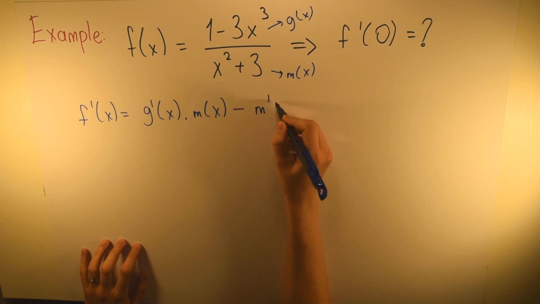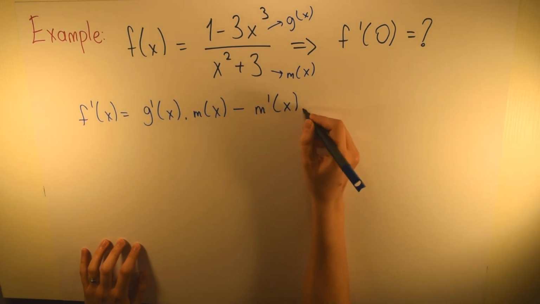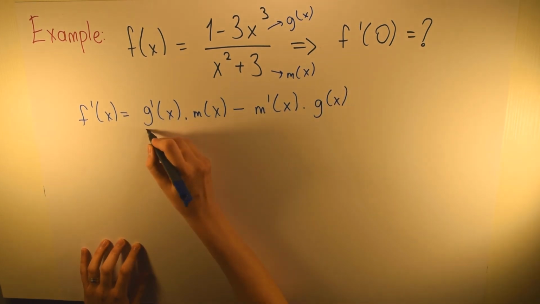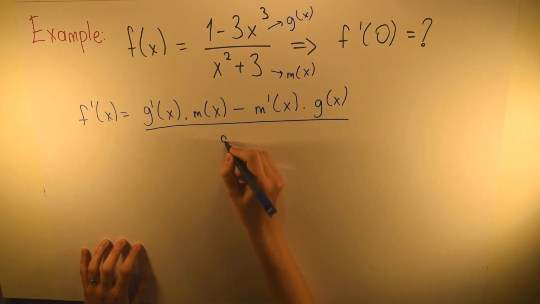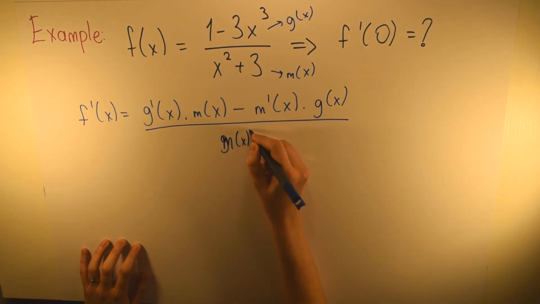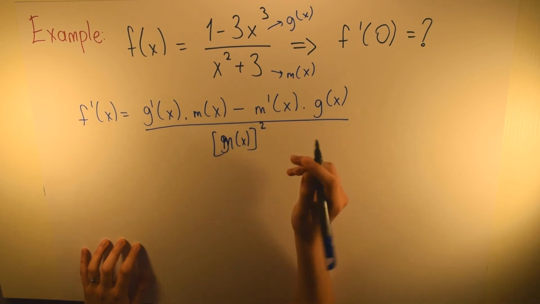So here it's the derivative of m of x times g of x, okay, over, sorry, this is m of x squared, okay. This was our formula.